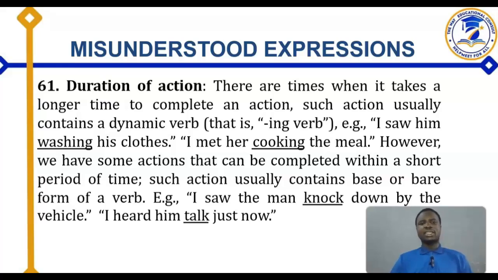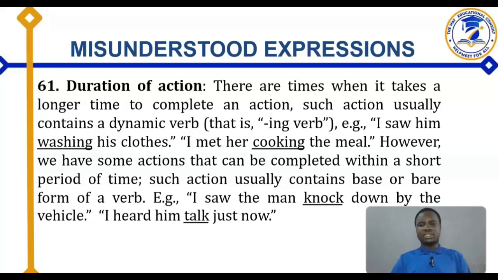But there are some actions that could be completed within a short period of time, and such actions usually retain the base form when you want to use them as object complement. I saw the man knocked down by the vehicle. Does it take a long time for someone to be knocked down by a vehicle? No, it takes a short time. I saw him jump the fence.